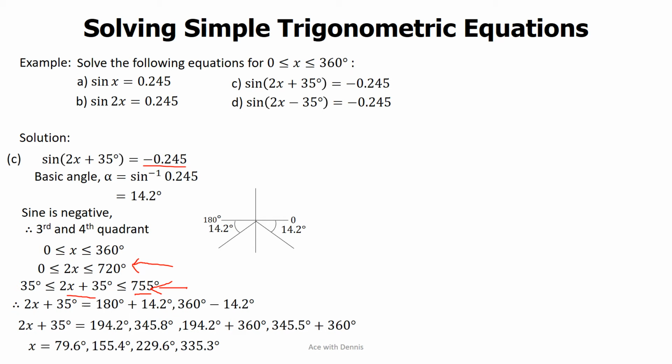After that, we make x the subject for each of the answers here. So x will equal 79.6 degrees, 155.4 degrees, 229.6 degrees, and 335.3 degrees. Again, when you write down the answers, always check whether the answers are within the range or not.